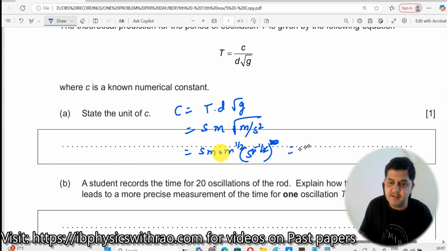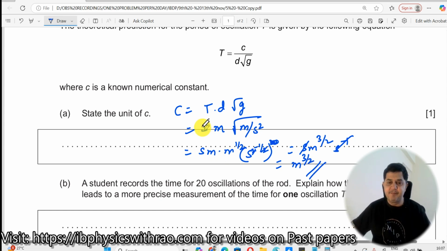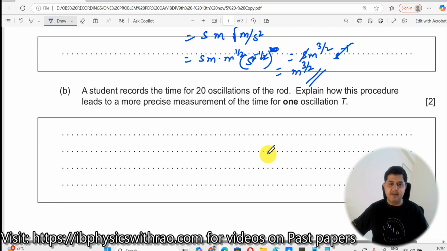This just goes away. So I get second, meter to the power of 3 by 2. I have added 1 plus 1 by 2, which is 3 by 2. And then you have a second to the power minus 1. This and this go away. Get the answer as meter to the power 3 by 2. So that is your final answer.